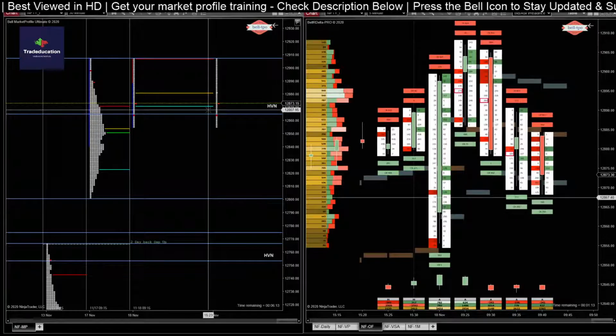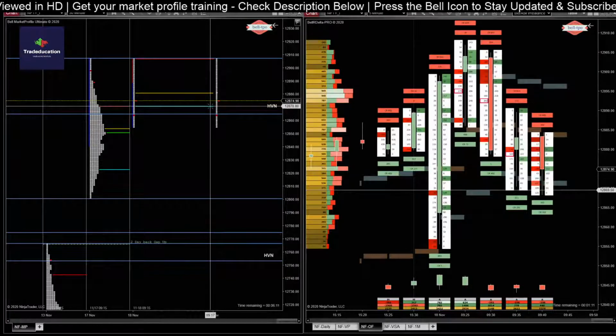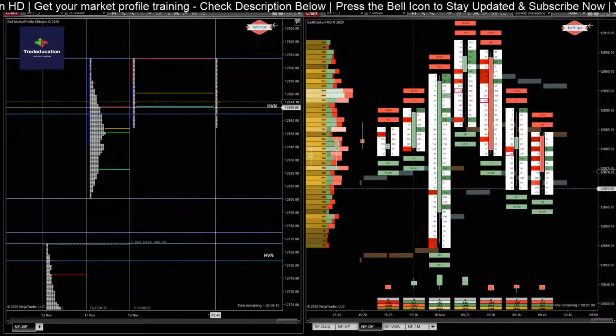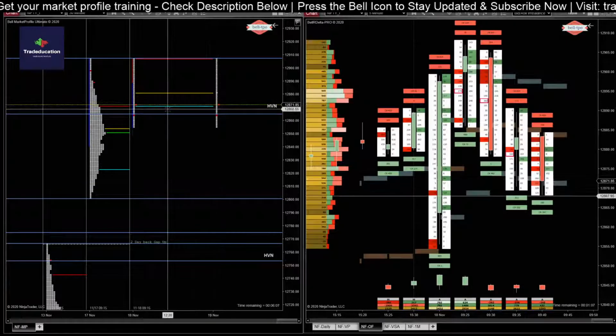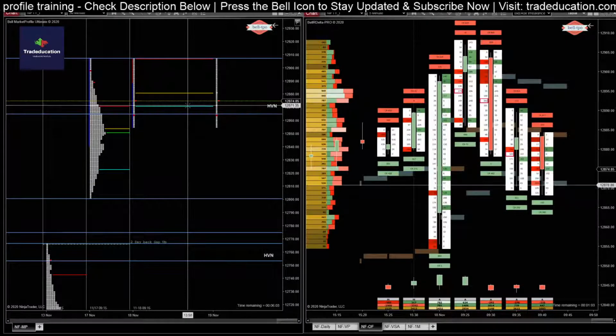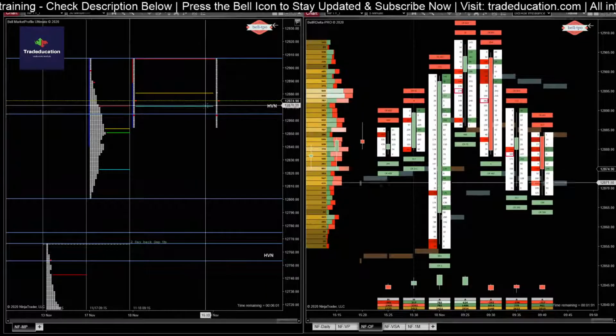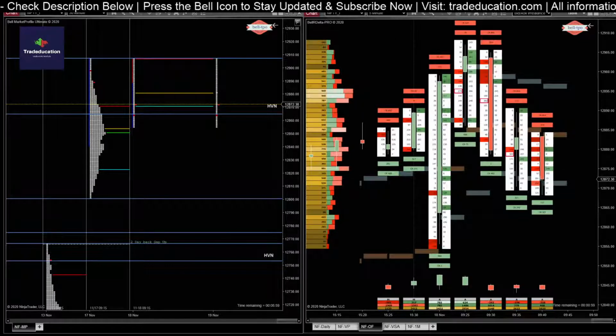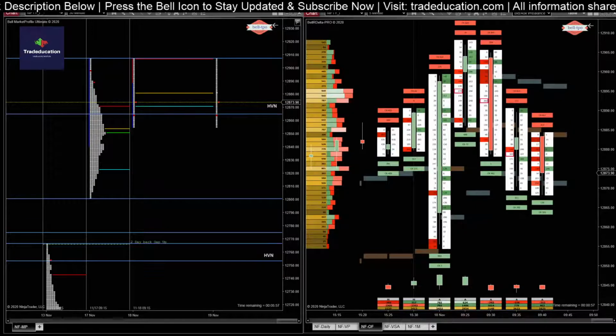So we're just chopping around value area low, value area high. A lot of intraday references are getting built. Not a good sign.